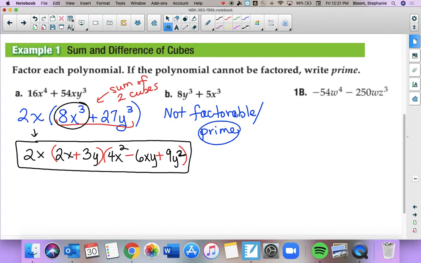And since they're both negative, I would take that out with it. So let's take out a negative 2. Anything else that they have in common that we can take out? W. All right. So I would have left 27 W cubed plus 125 Z cubed. Okay?